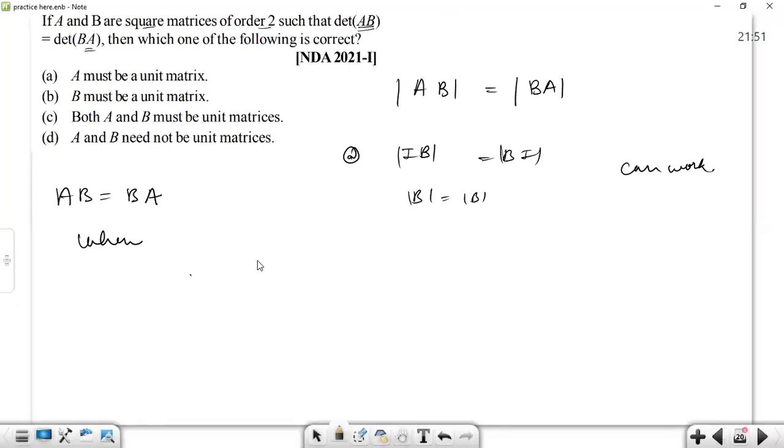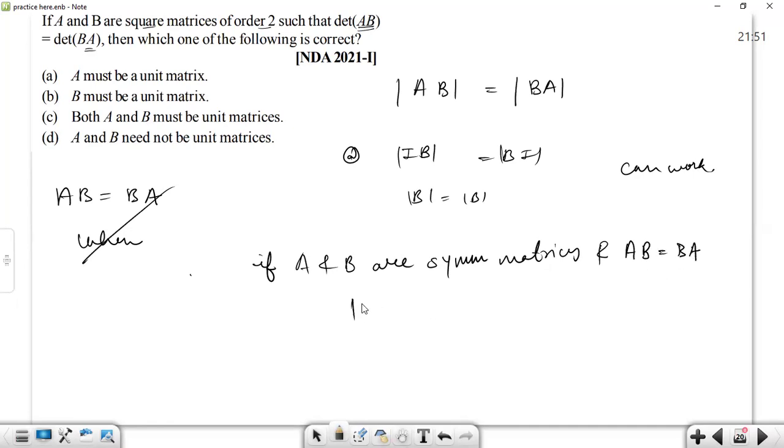No, I have just checked the condition that I was talking about. That condition was if A and B are, this is wrong, symmetric matrices, then, and one more condition, if AB is equal to BA, then we may say that AB is also a symmetric matrix.